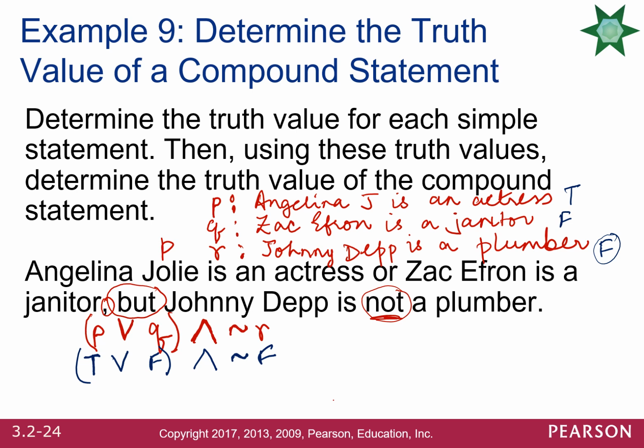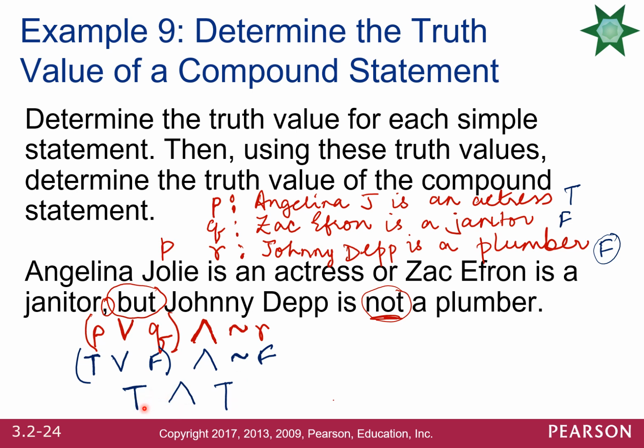So T or F, in the next step, T or F resolves to true, correct? In an or statement, as long as one of the statements is true, the result is true. So I'm going to write here T. So this resolves to a T. And then we have the and symbol, and not F is a T. So T and T is what we end up with.